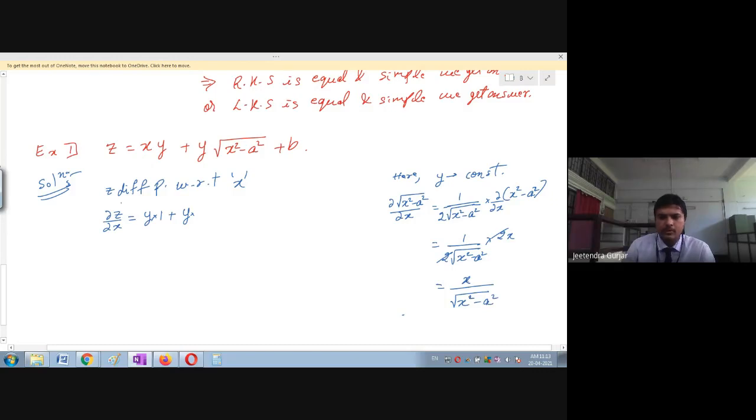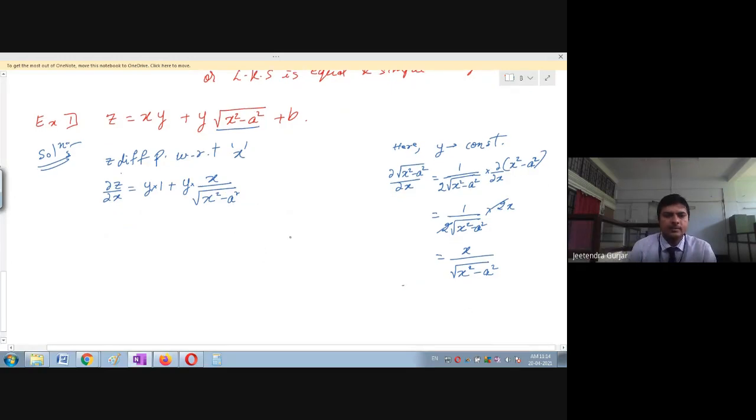Is it clear? This is already done in your previous classes. So I will substitute this here. When you differentiate this term, the answer is x divided by square root of x square minus a square. Plus b is again constant, therefore this is 0.